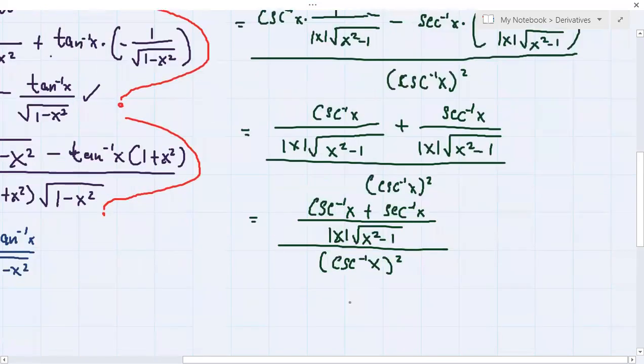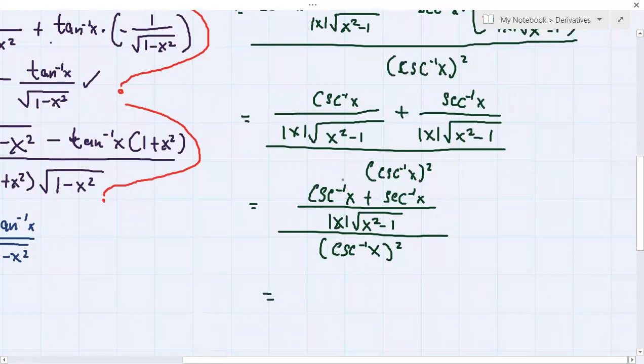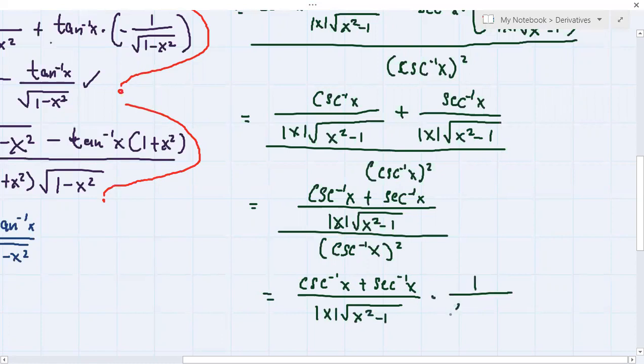Ayan. So what to do next? We're going to reciprocate this fraction. I-simplify natin to. If you're going to reciprocate them, magiging ganito yung itsura niya. Arc cosecant x plus arc secant x all over the absolute value of x times the square root of x squared minus 1 times 1 all over the square of arc cosecant x.